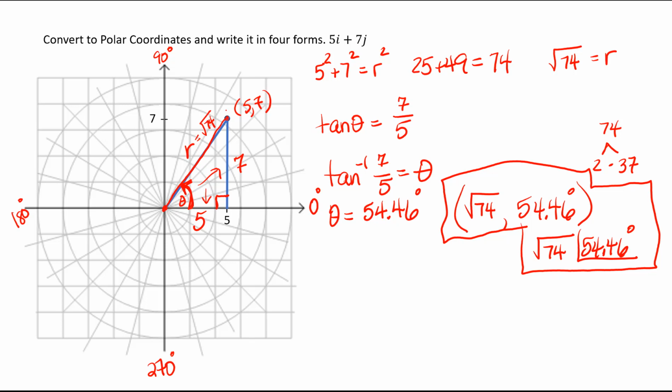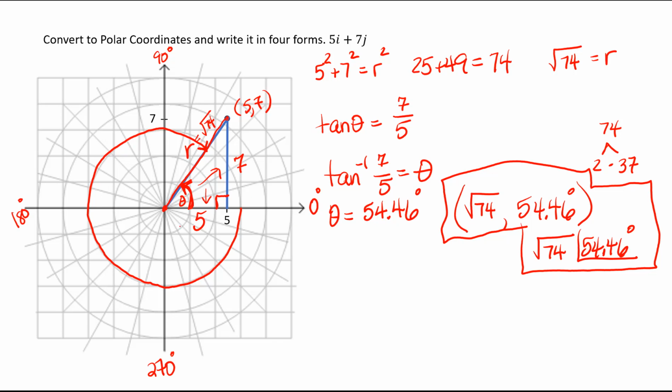Another way you could get to this point would be to travel in the clockwise direction around the circle, starting at 0. That would be 90. Every quadrant is 90 degrees. So 90, 180, 270, and then this much more to get there.